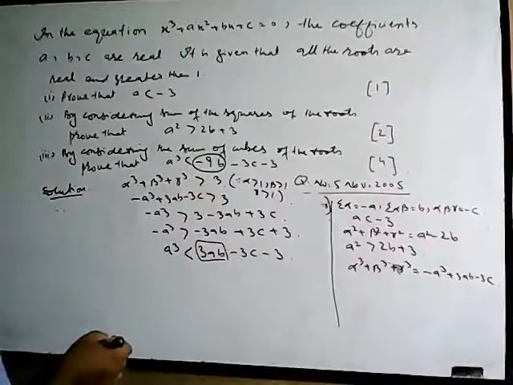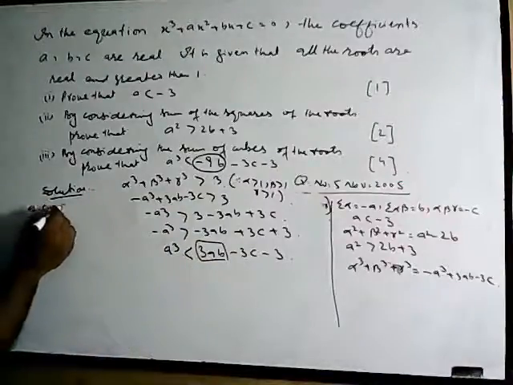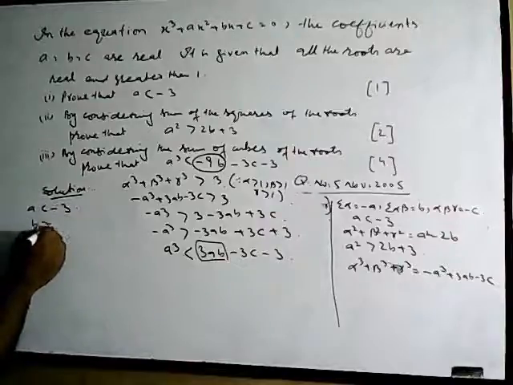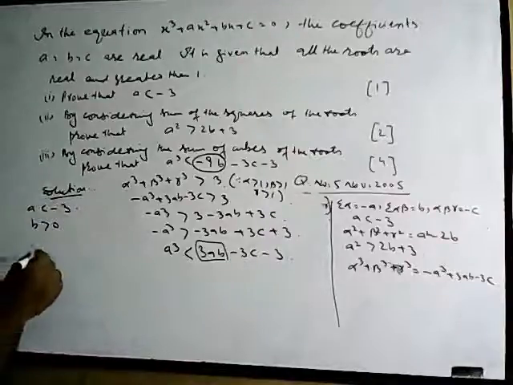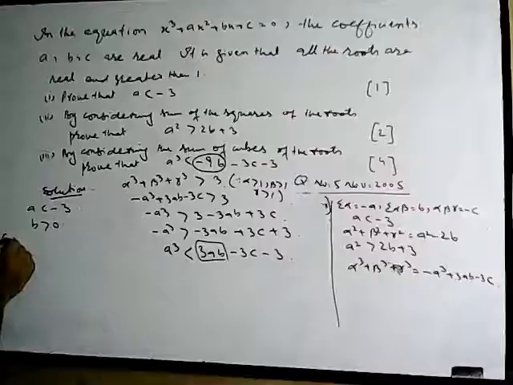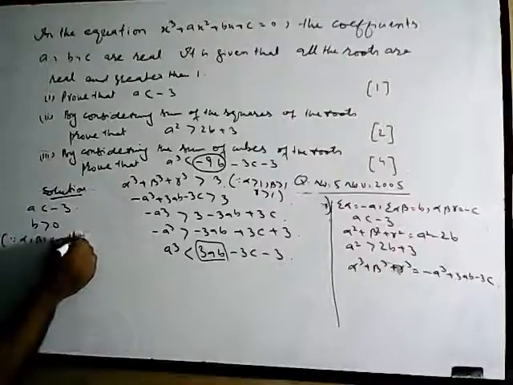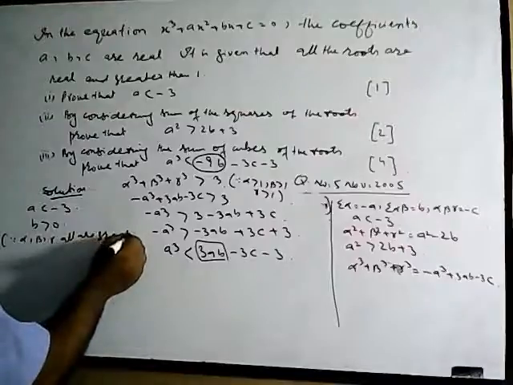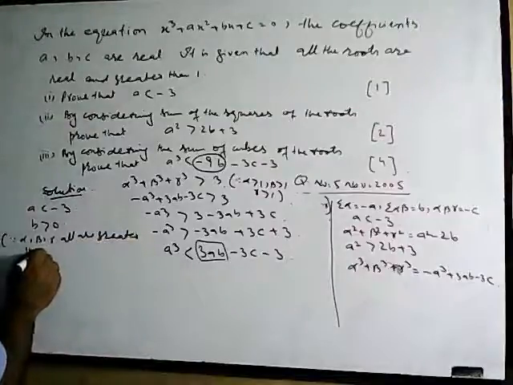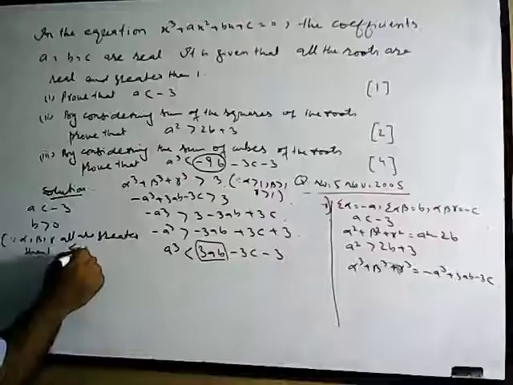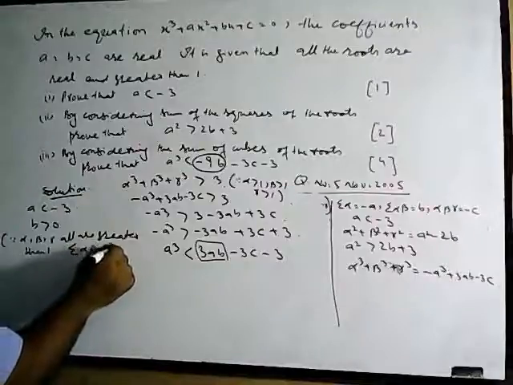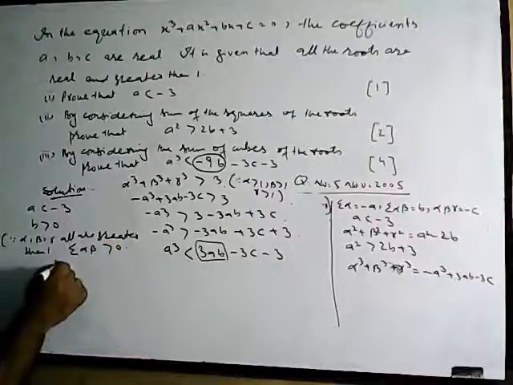So first I have been given A is less than minus 3 and B is positive. Why am I saying B is positive? I have given the reason: since alpha, beta, gamma are all greater than 1, hence the sum of the products must be greater than 0. It means B is positive.